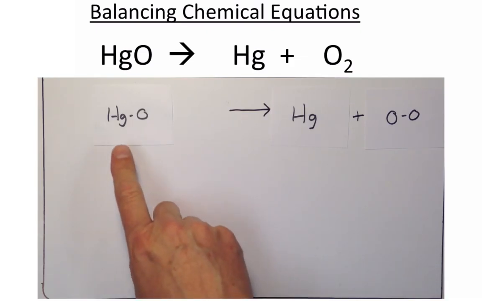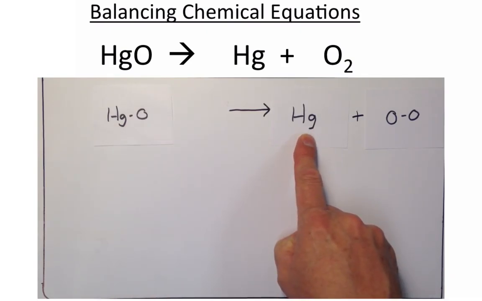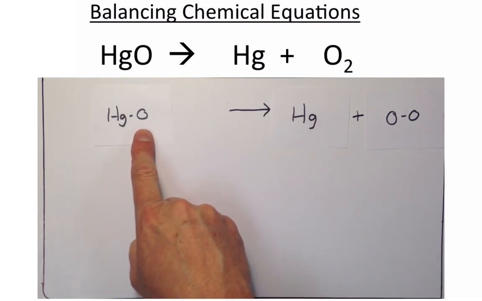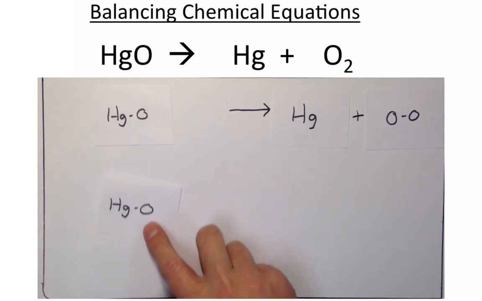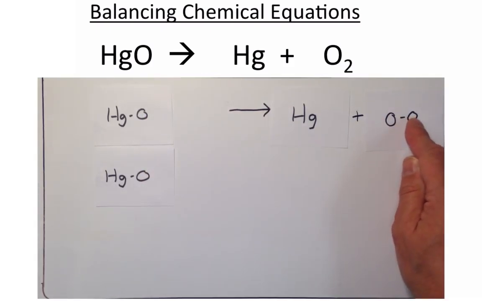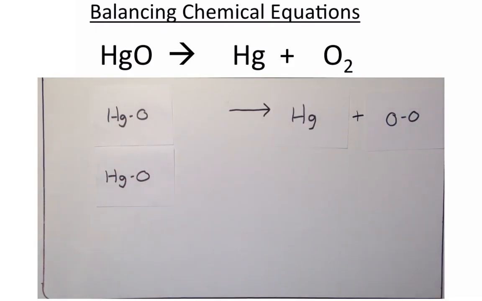So when I look at this, I see that I have one mercury, so that's good. I have one oxygen, but I have two oxygens over here. I need to get a second oxygen on this side, but I can only add mercury oxide. That's what the formula says. So now I have two oxygens on this side, two oxygens on this side, but I have two mercuries here and only one here.